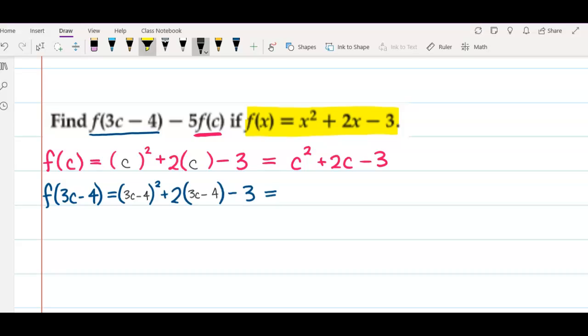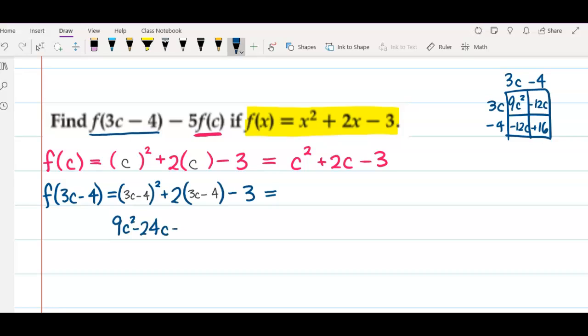Now, to simplify this first piece right here, this binomial squared, we either need to box or FOIL. So you could take it out into your margin here, if that helps. 3c minus 4 times 3c minus 4 gives me 9c squared minus 12c plus 16. So just this portion here ends up being 9c squared minus 24c plus 16.